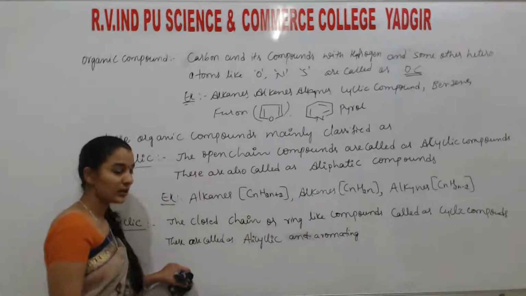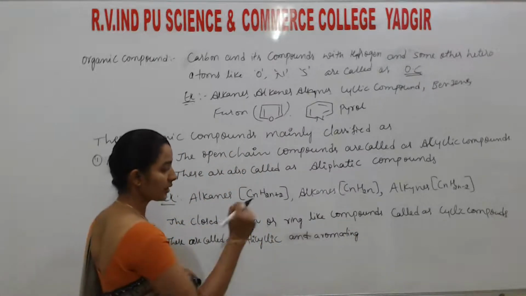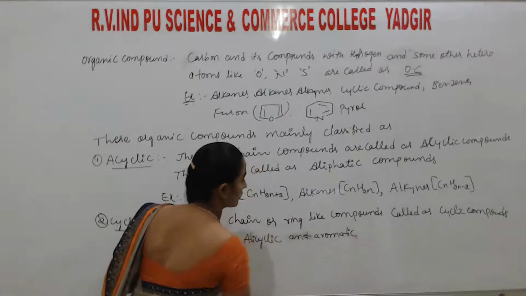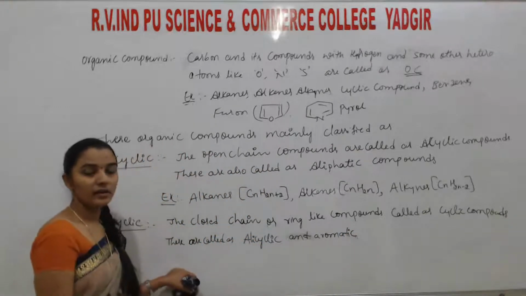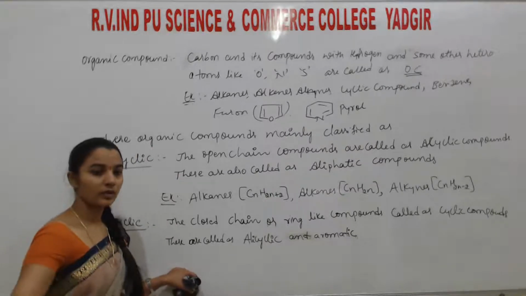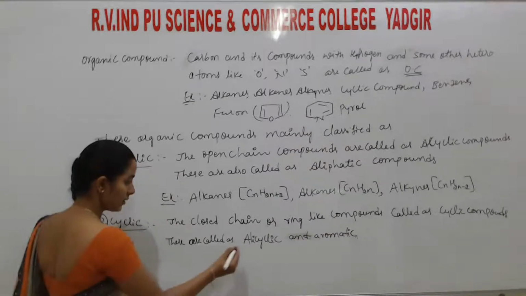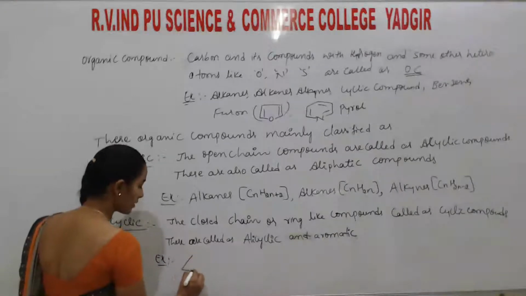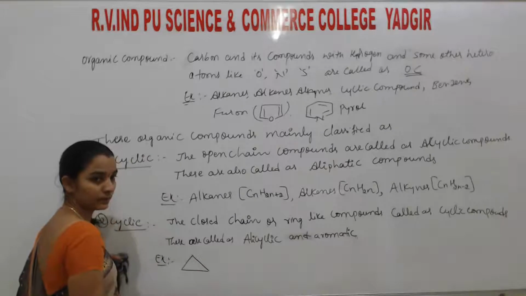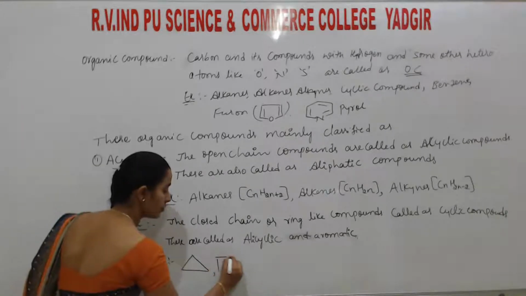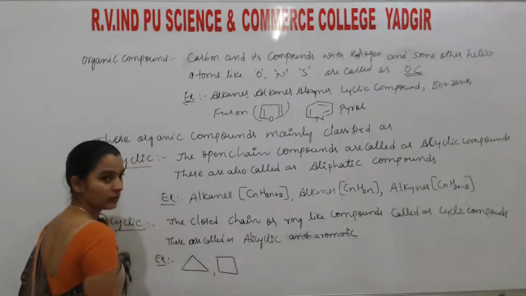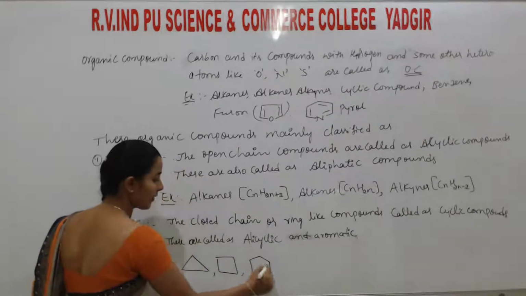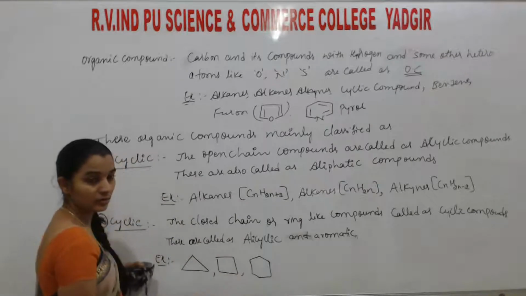Alicyclic is also a cyclic ring; aromatic is also cyclic. Alicyclic and aromatic. Next, for an example, I'll take cyclopropane and cyclobutane. Next, cyclohexane. These are alicyclic compounds.